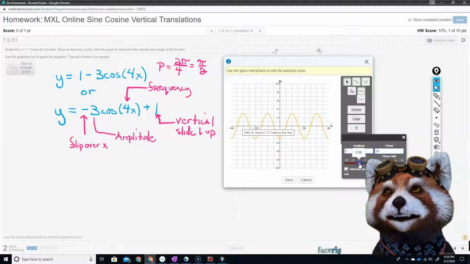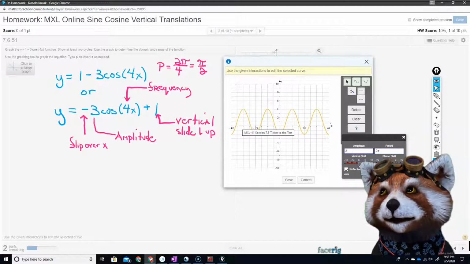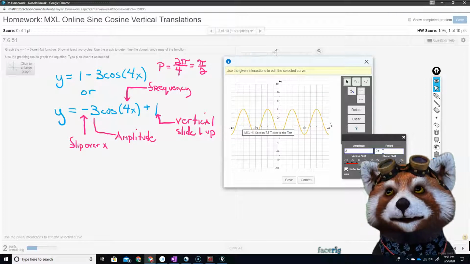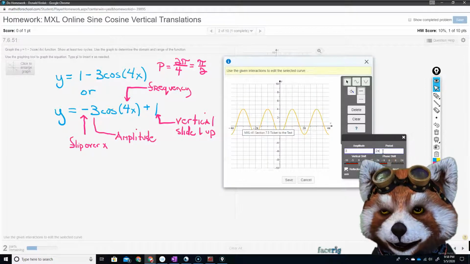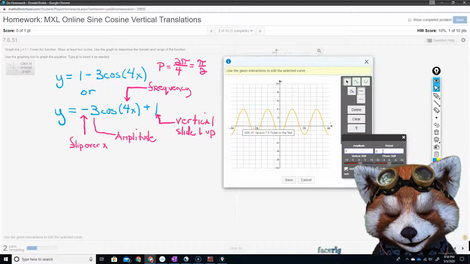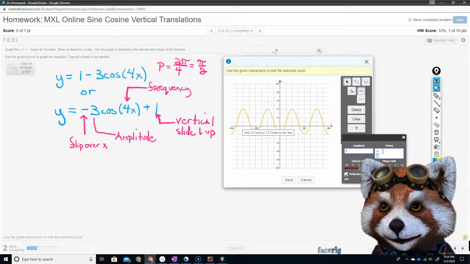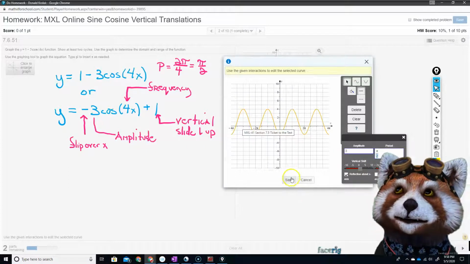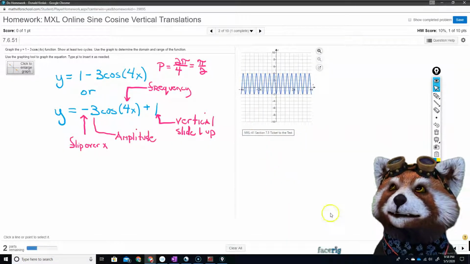Okay, I'm going to shift it 1 up. And then here I'm going to put in my new period, which is pi divided by 2. Just type in pi, and then the division, and then 2. And there's our graph.